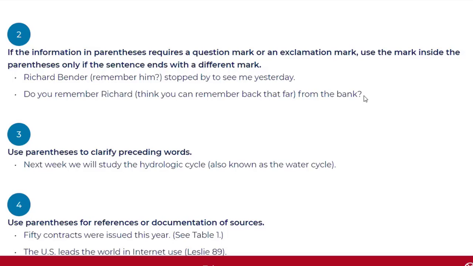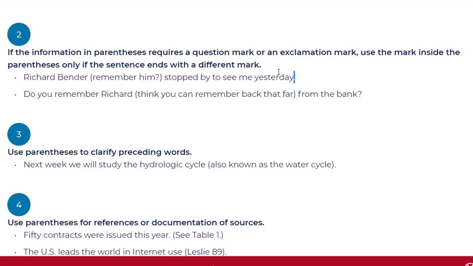Okay, good. So see, here we have another punctuation mark. Our sentence ends here, but here we have non-essential information, and it's a kind of question. So we can put a question mark here, and we can also end our sentence here.